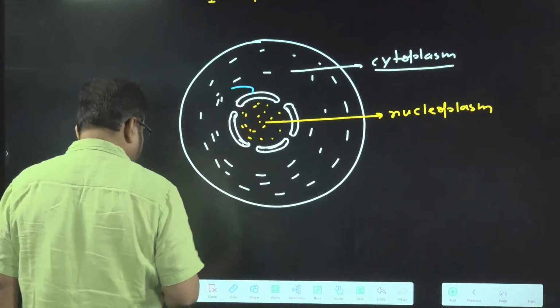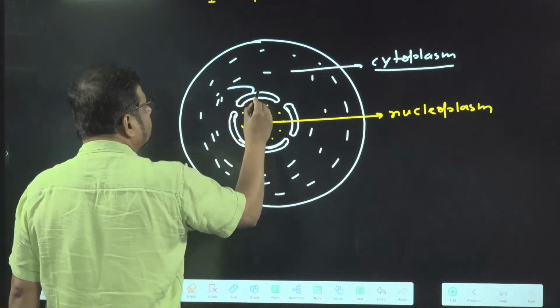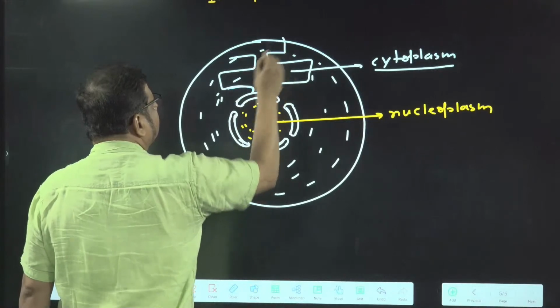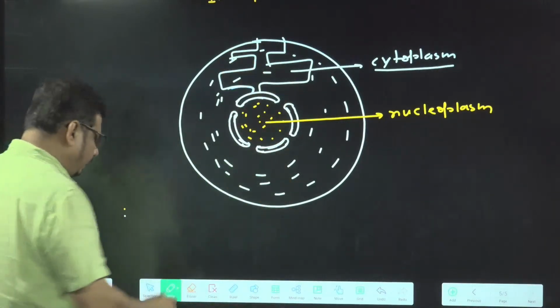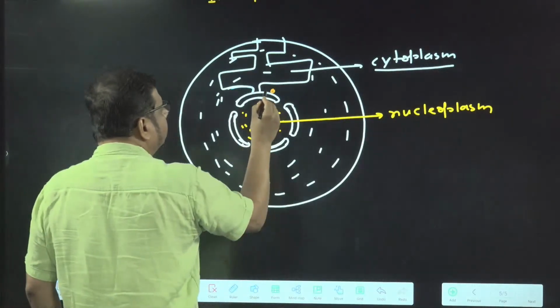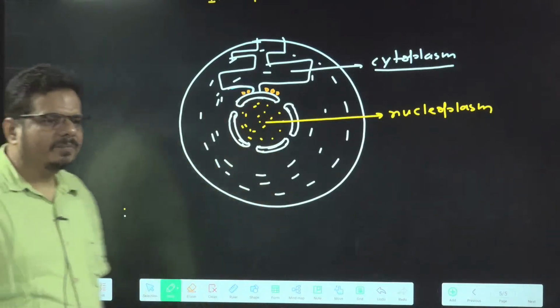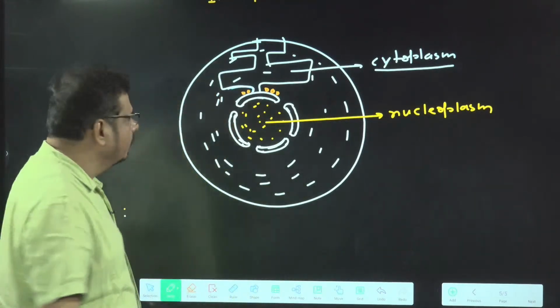The outer membrane of the nucleus is continuous with which one? Endoplasmic reticulum. It is continuous with endoplasmic reticulum. And ribosomes are also present on the outer membrane. So the outer membrane of the nucleus contains ribosomes over it.